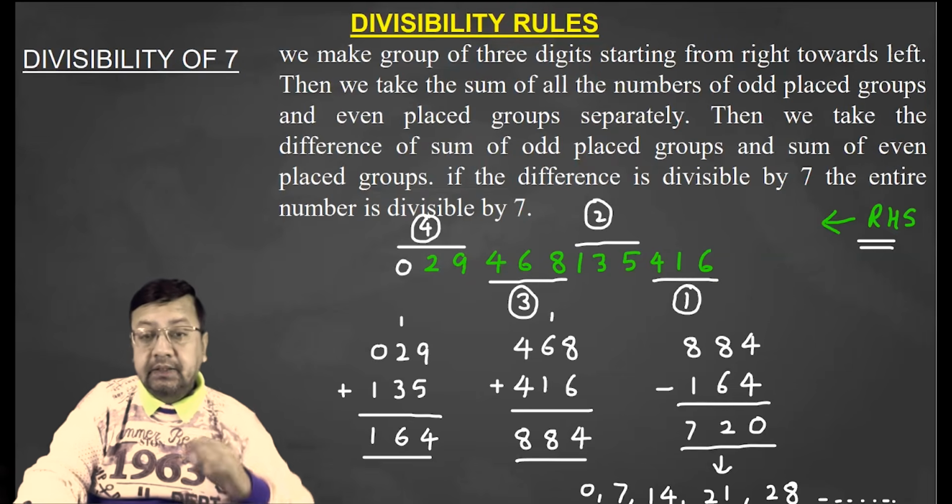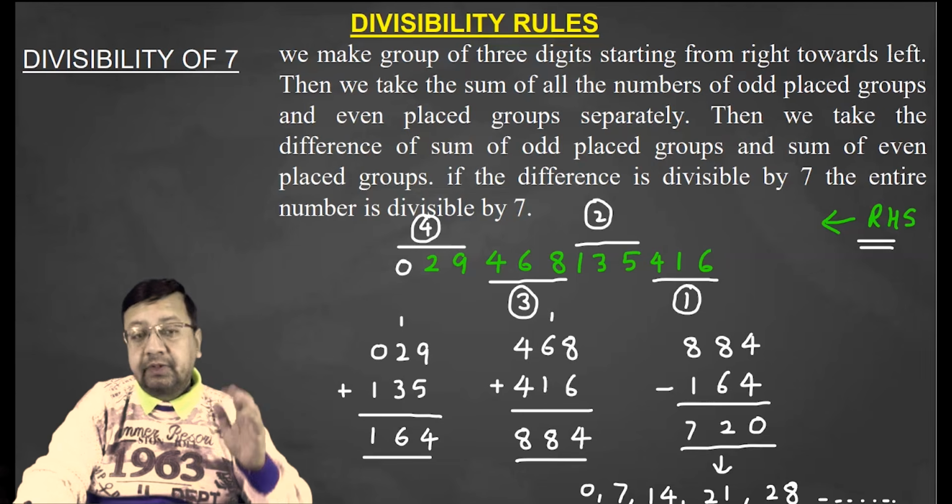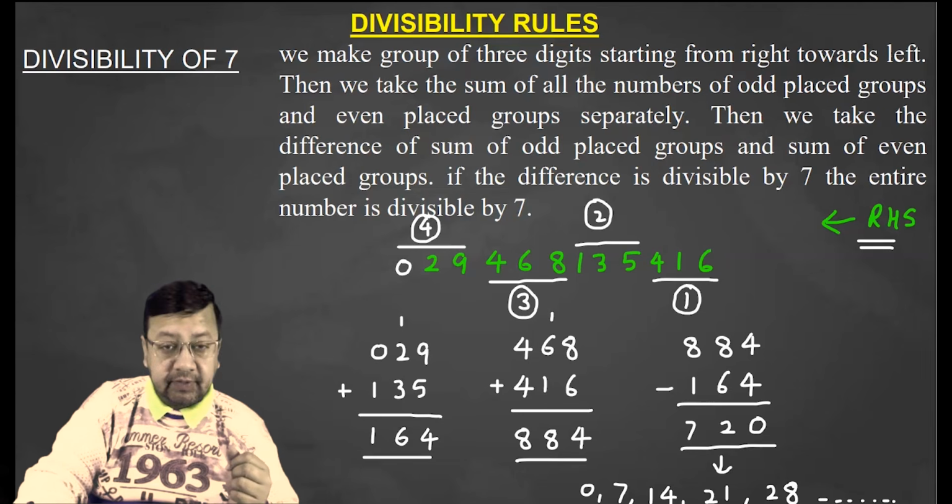Then I can say this complete number is divisible by 7, right? But right now we are having a difference as 720, and 720 is not divisible by 7. So this means this complete number is not divisible by 7, right?